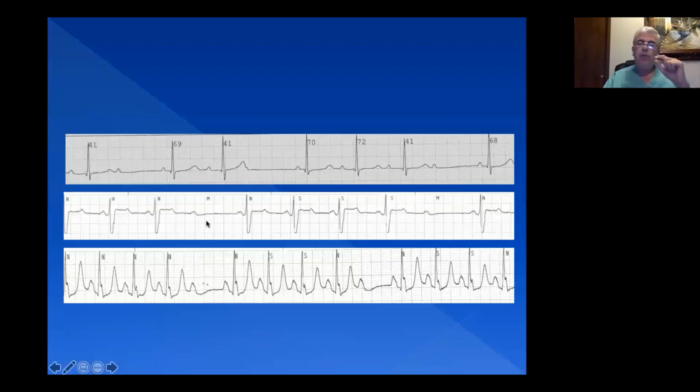So the best way to decide if the PR was prolonging before it blocks is to look at the last one before the block and the first one when it starts conducting. If these intervals are the same, you know the interval did not prolong before the block, and that will make it Mobitz type 2.